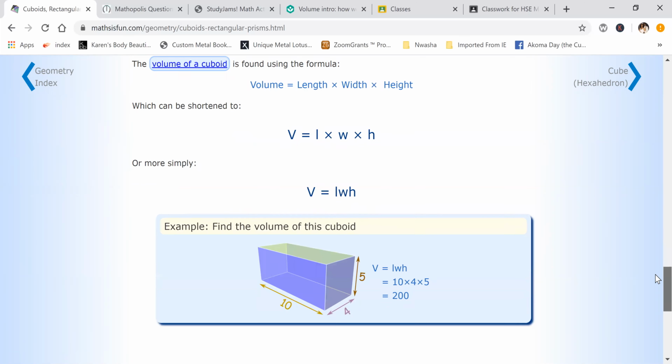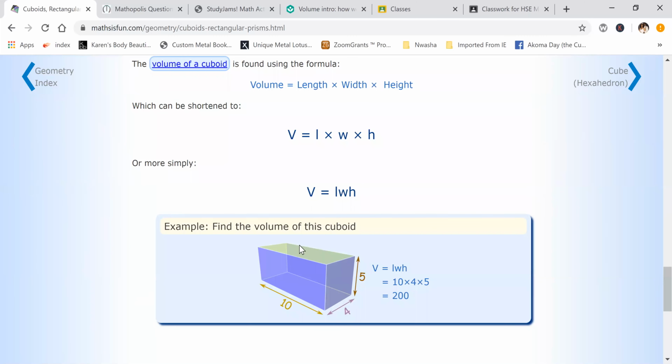Volume is pretty easy because it's just length times width times height. We kind of talked about that for the square. It's the same thing for the rectangle. It's just that the numbers are going to be all 3 different numbers for a rectangle, where for a square, like we saw, it ends up being 4 times 4 times 4. So if all of the sides are the same, it's the number cubed.